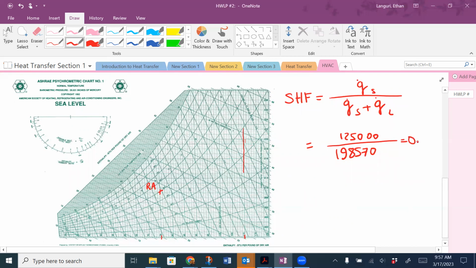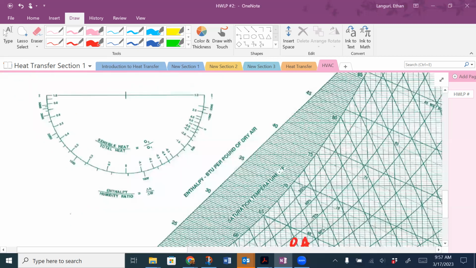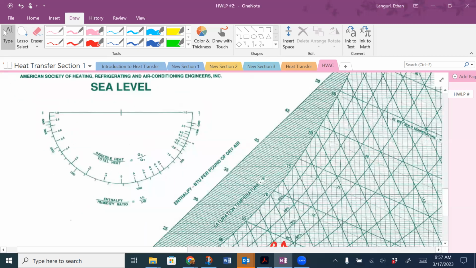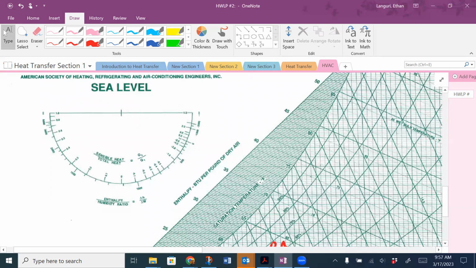If you do this, you get 0.7 for the sensible heat factor. What that means is, when you use the protractor tool of the psych chart, the inner numbers are showing the SHF, sensible heat factor. And here I have 0.5, 0.6, and then it jumps to 0.8. So in the middle, I have 0.7. So this is my 0.7, right?